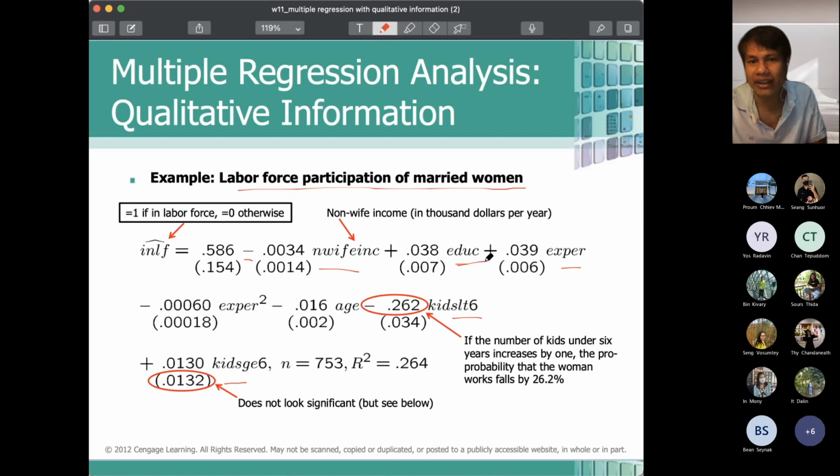If the education of married women gets higher, normally, just like many of you here, you get higher education, you want to work, right? So here we found that if education increased by 1 unit, if education is measured in years of schooling, if education increased by 1 year, it will increase the probability of a married woman to join the labor force by around 3.8%.